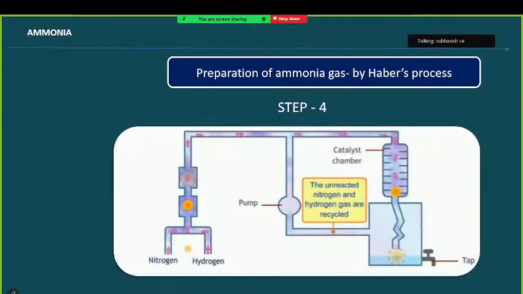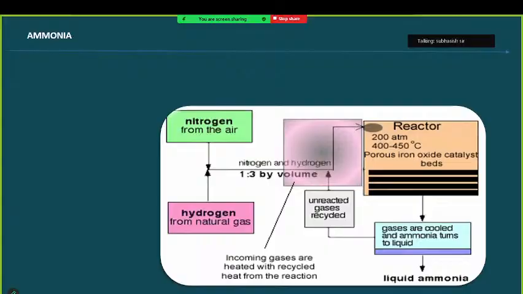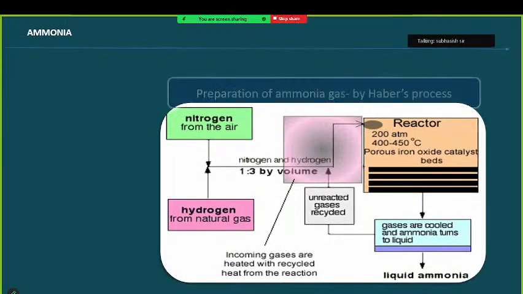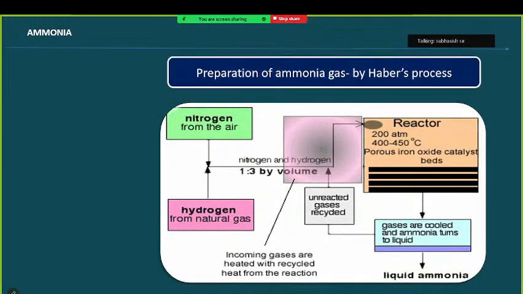And in step 4, the unreacted nitrogen and hydrogen are pumped back into the catalyst chamber, where they again react with each other. So these are the steps for the preparation of ammonia from nitrogen and hydrogen.